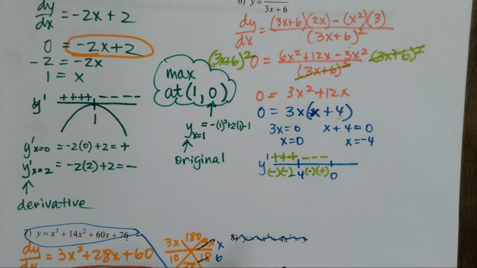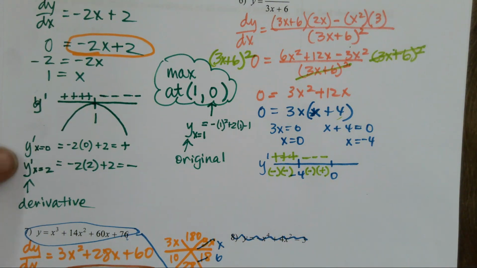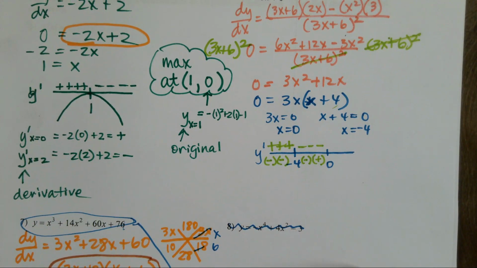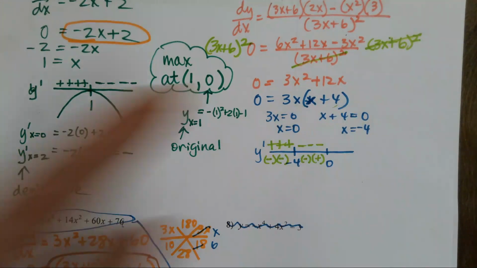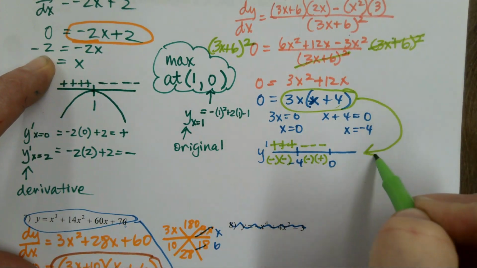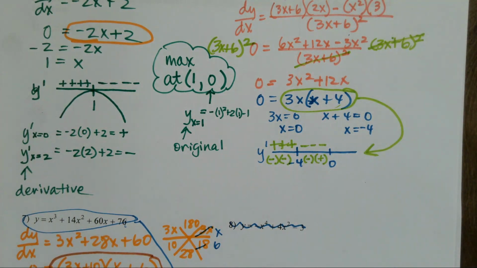Now here's where, again, I'm not showing the actual math I did in these last two. You don't need to do that. You can just talk yourself through it, as long as you make sure that you are plugging into the derivative when you are making that table. Otherwise, things are going to get a little bit funky.